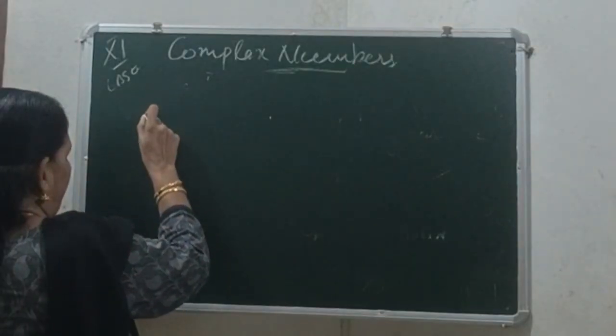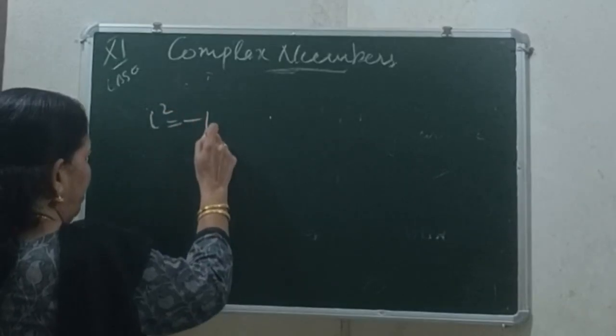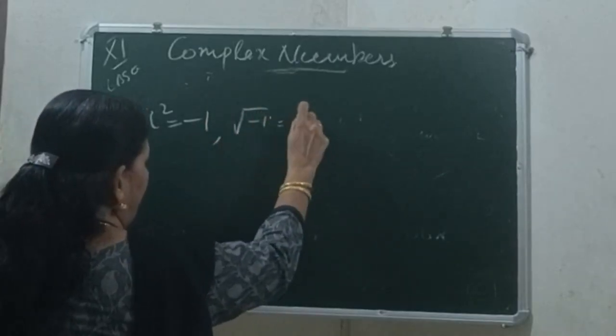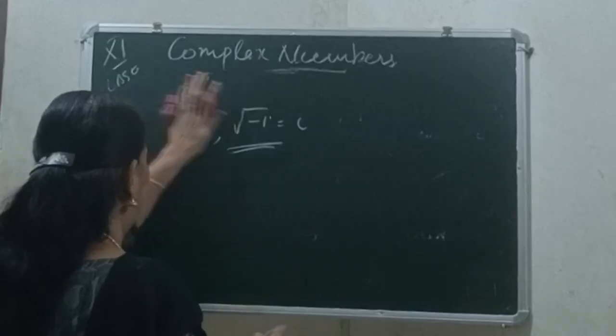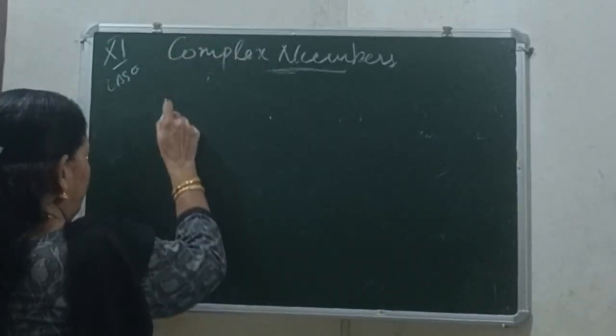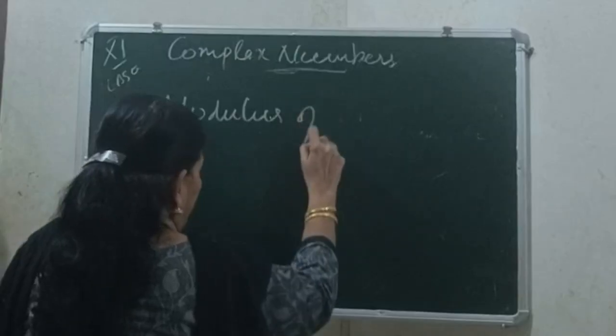Then i square equals minus 1. Root minus 1 equals i. Then the modulus of a complex number. What do we mean by the modulus of a complex number?